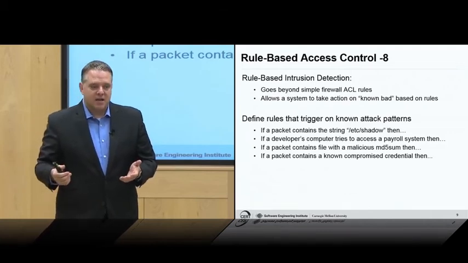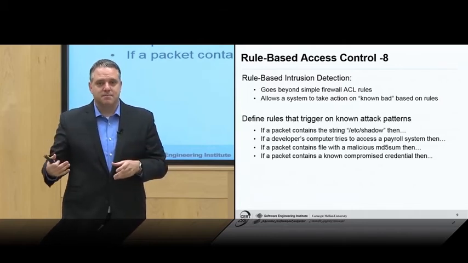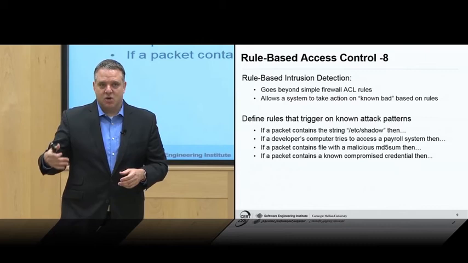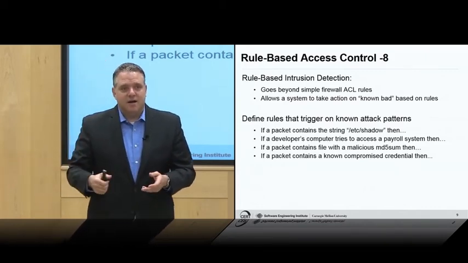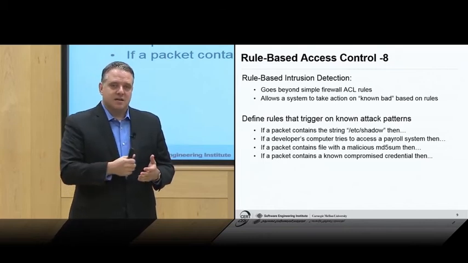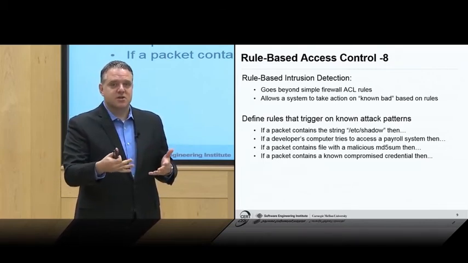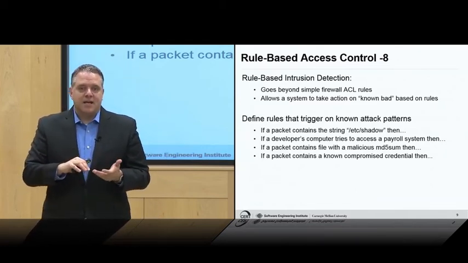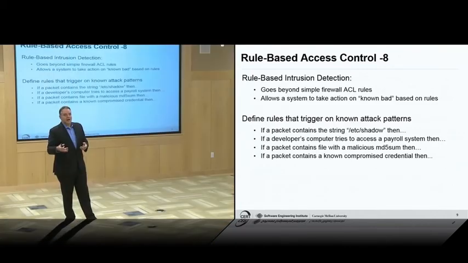If I see that a computer belonging to a developer is trying to access something outside his area, perhaps in payroll or HR, I can block that access or I can deny that. If I see packets containing a file that calculates to an MD5 that I recognize as a known bad, I can take action on that. If a packet contains a known compromised credential, like a revoked certificate or something like that, I can take action on that as well.